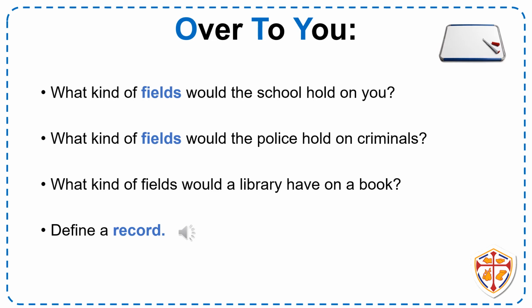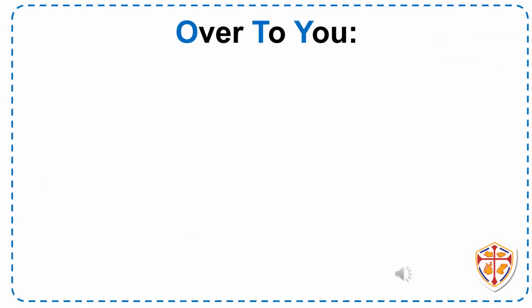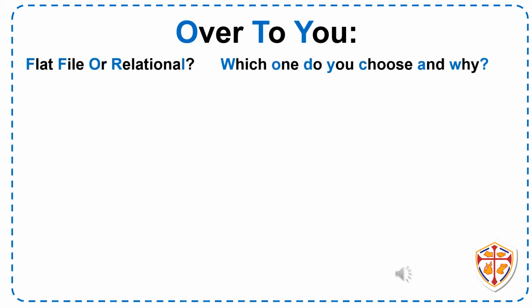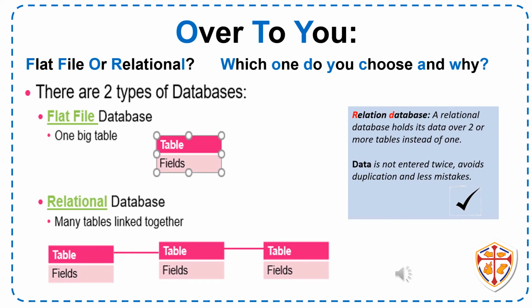Define a record. There are two types of databases, a flat file and a relational database. Which one would you choose and why? Note down your answer.